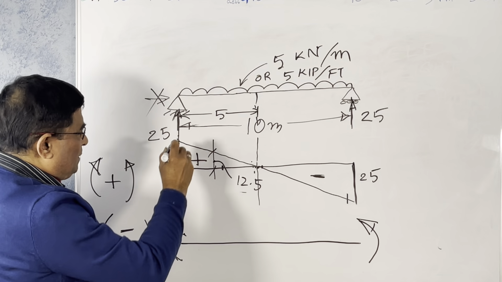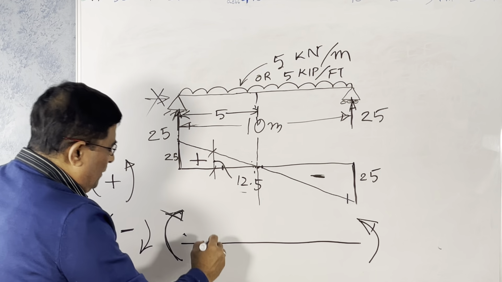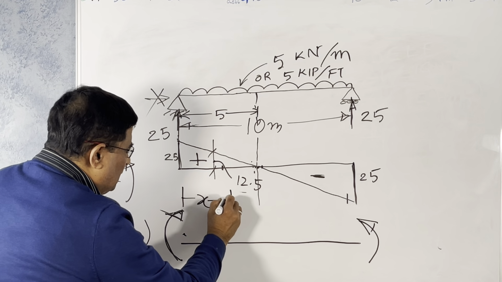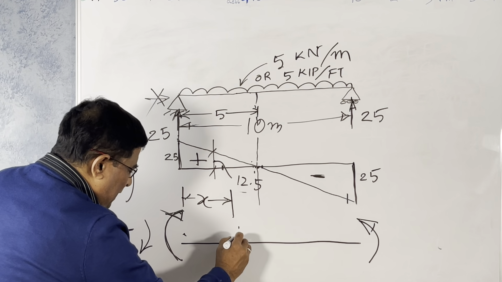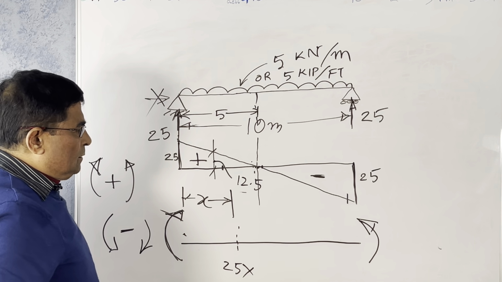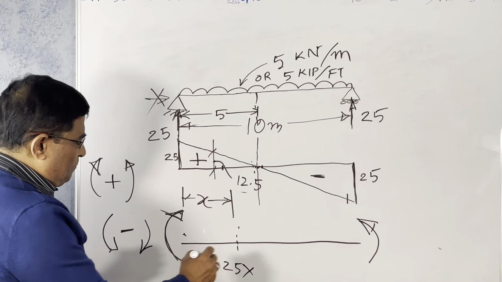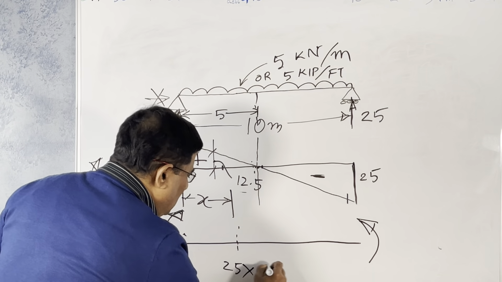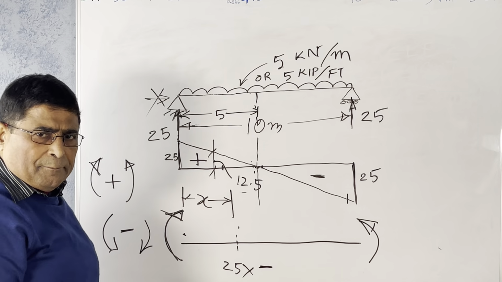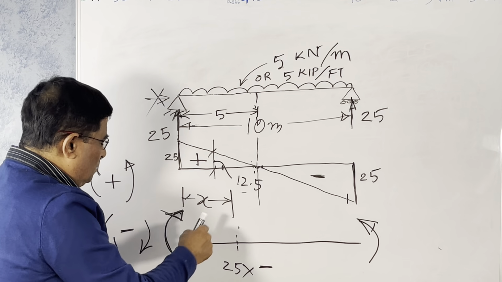So what is the moment? If you consider at a distance x, the moment here is 25x minus the load. This will cause some problem, because the load is reducing, not constant.